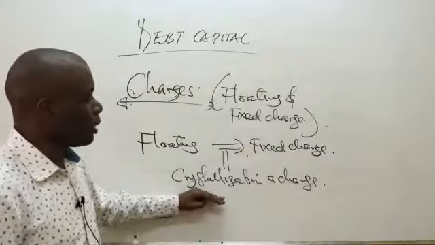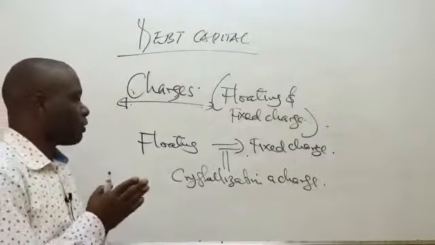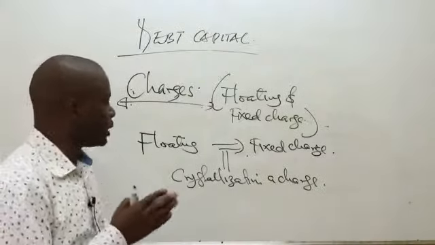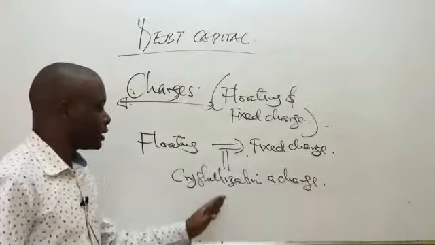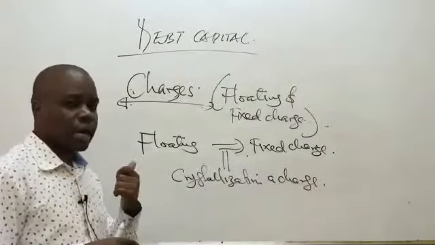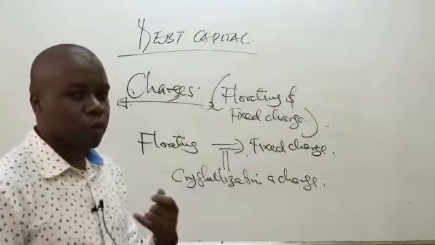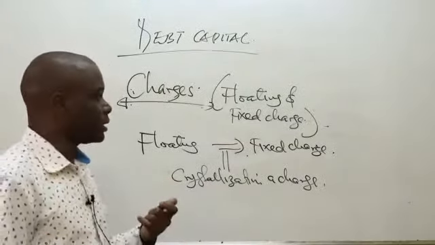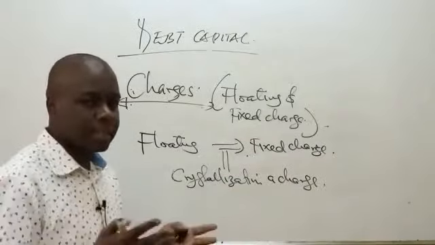So crystallization of a charge means a floating charge turning from being a floating charge and now becoming a fixed charge. How can it crystallize? Under occurrence of certain events. The most obvious one is, for example, if you default on payment of interest. Now the lender will take a step to secure his asset in the company.